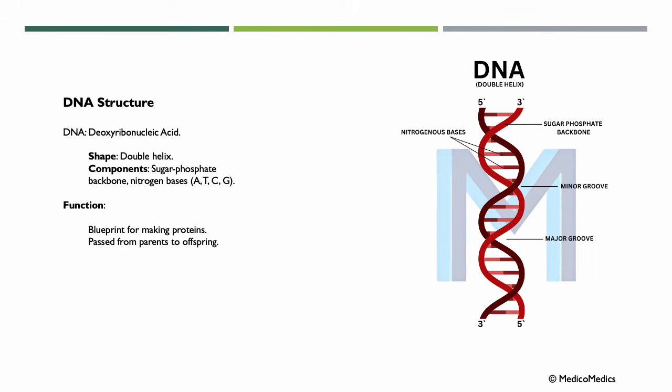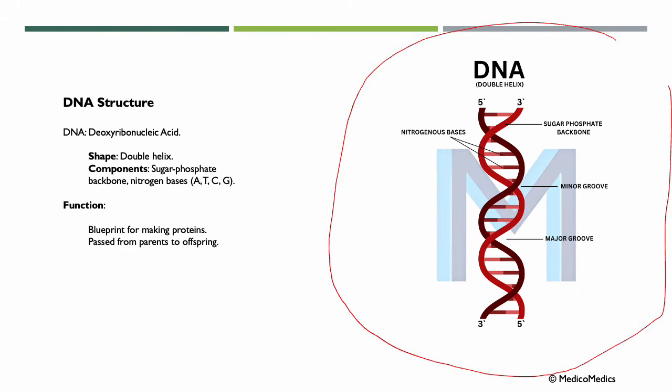Now, DNA is like a twisted ladder with steps made of chemical pairs. And you can see an illustration here of DNA. Now, DNA stands for deoxyribonucleic acid. The shape is a double helix, and its components include a sugar phosphate backbone and nitrogen bases, A, T, C, and G, where A is adenine, T is thymine, C is cytosine, and G is guanine.